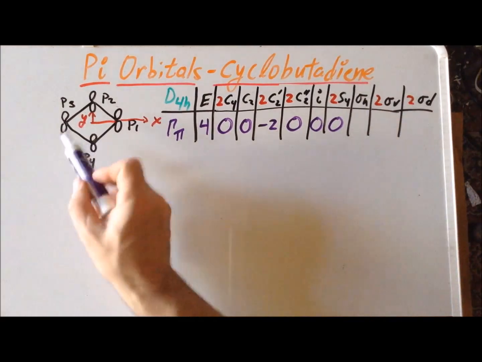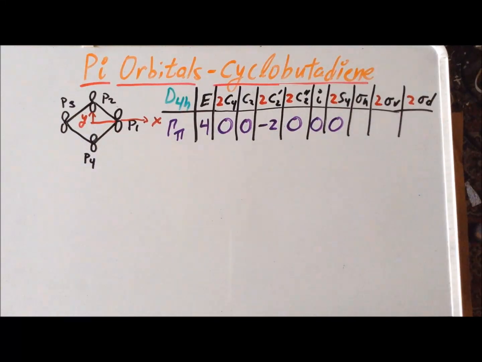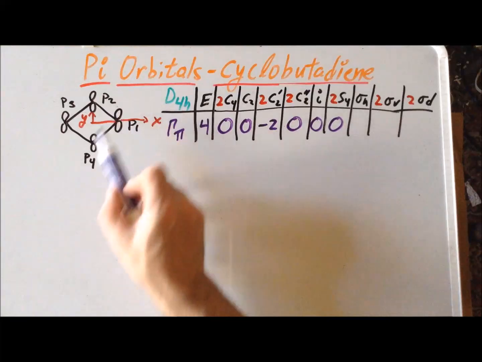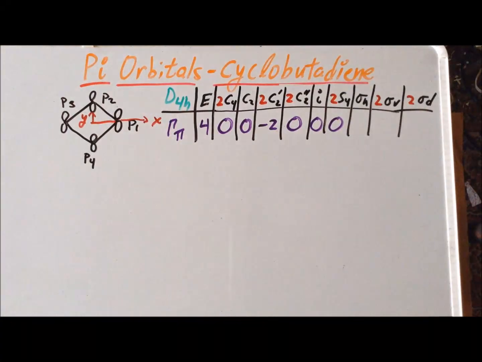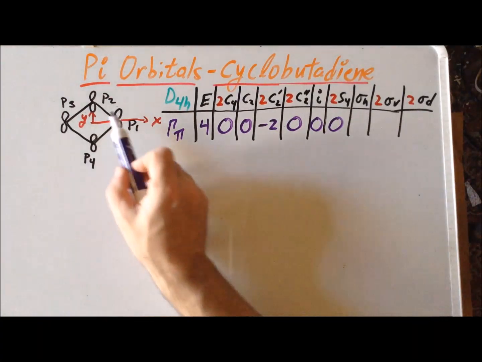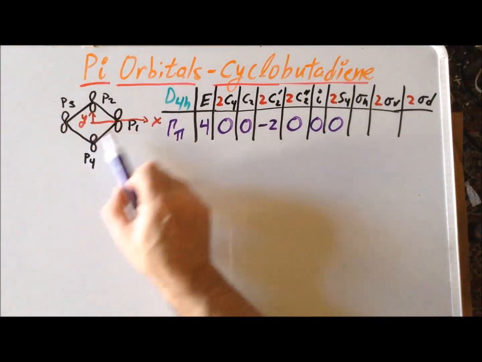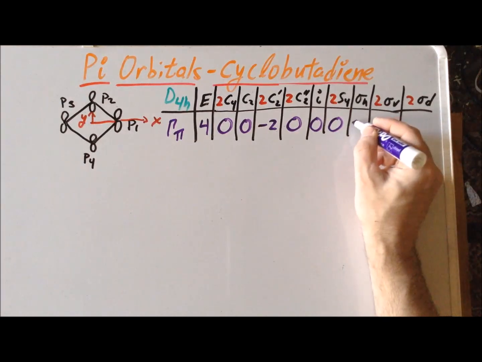Sigma h is the horizontal mirror plane, which is the same plane as the whiteboard. So that reflects the bottom of p1 into the top, and since the p orbitals are ungerade, they have opposite phases, when we reflect, we change phase for each of the 4 orbitals, so the character is going to be a -4.